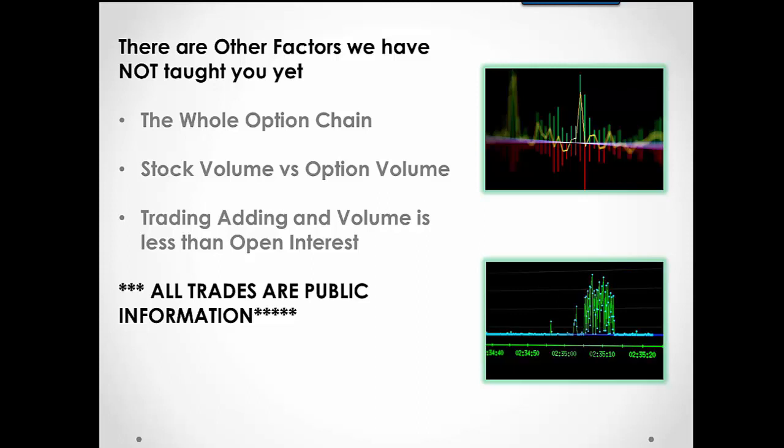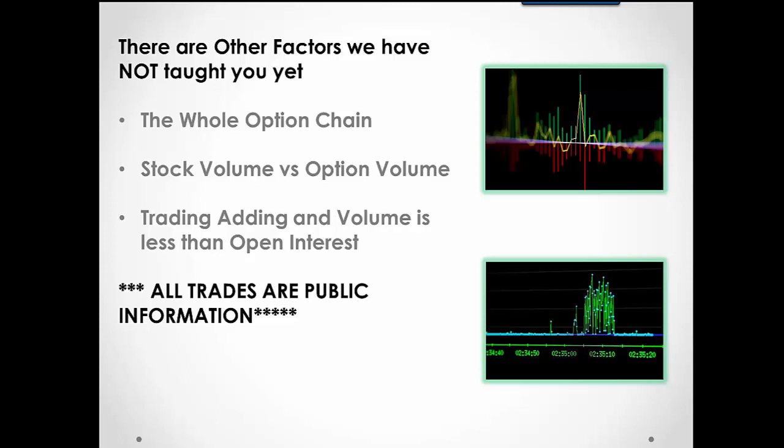There are other factors that we haven't taught you guys yet today. This is something we're going to dive into a little bit more on the master course. Number one, the whole option chain. How you can look at the out of the money options or the in the money options to figure out if it's a better signal or not. Stock volume versus option volume.